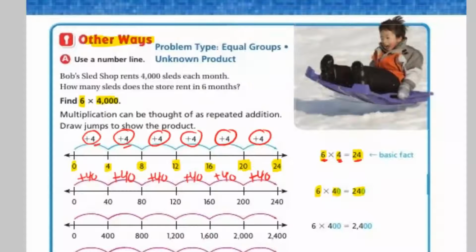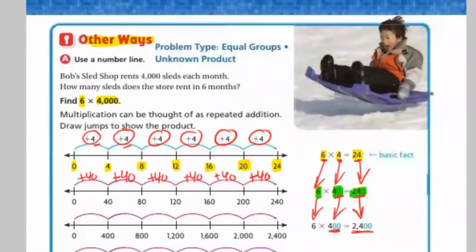Because 6 multiplied by 40 equals 240. What we notice is that we have 6, put it as the same, and 4 becomes 40, right? We added a 0, so you have to add a 0 in the answer. So 24 becomes 240. And the same thing here, 6, put it as the same, 40 becomes 400. So we added a 0. Let's add a 0 to the answer.